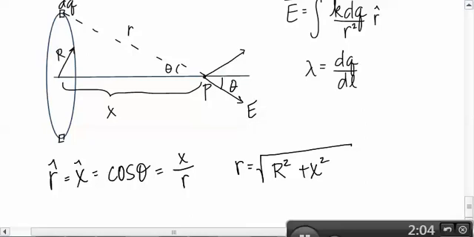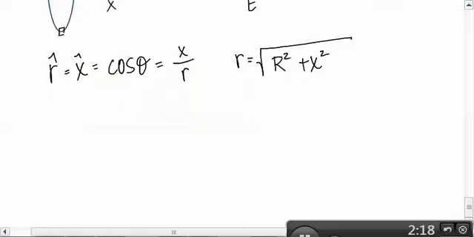Okay, so I have a substitution for r hat. I have a substitution for r, but I don't have to substitute in for dq because the dq isn't changing. It's not a different distance.